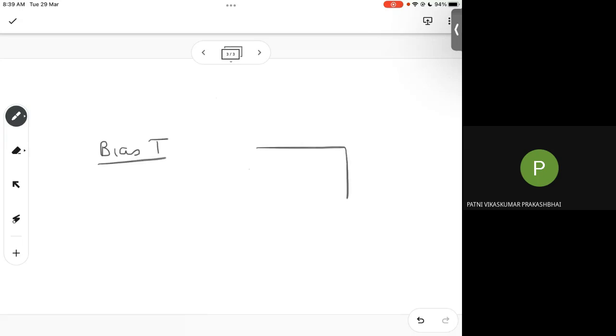So basically T is something like this, a system where I have an inductor and a capacitor like this. This is the L, this is the C. It will act as a DC block, as we know the application.